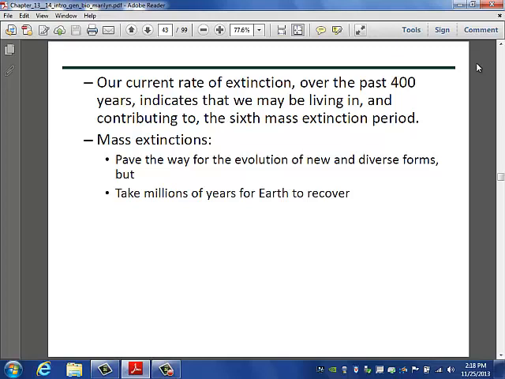Yes. Some bats too. They protect agriculture. Exactly. And if we destroy agriculture, we destroy ourselves. So we have to be careful. These mass extinctions are going to pave the way for the evolution of new diverse forms, but it takes millions of years for that to happen. So is it going to happen in 24,000 years?